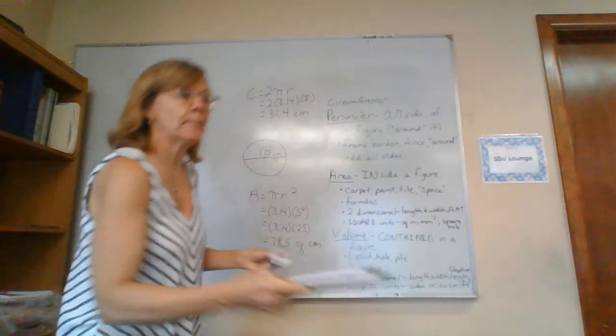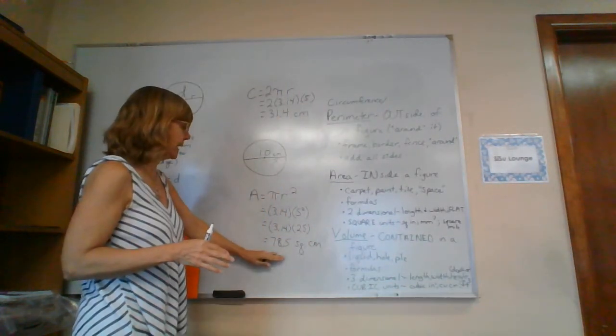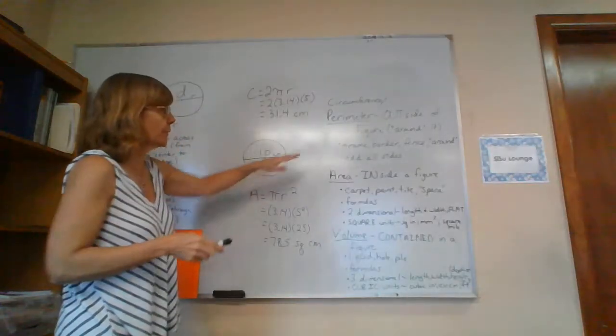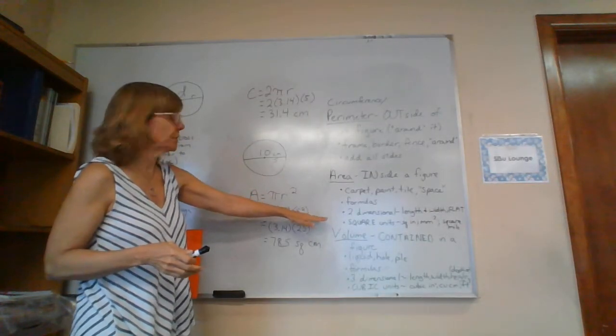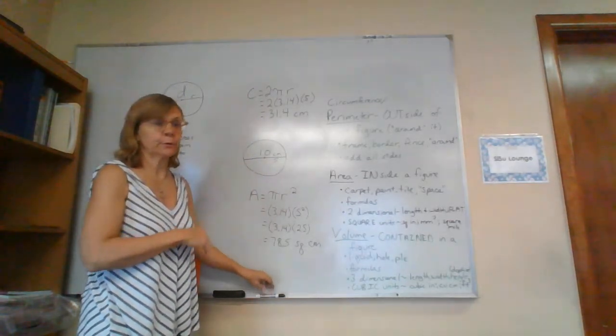So if I wanted to know how much space that circle would take up, it would take up 78.5 square centimeters. So really learn these different clue words, and then learn how to walk your way down through the formula.